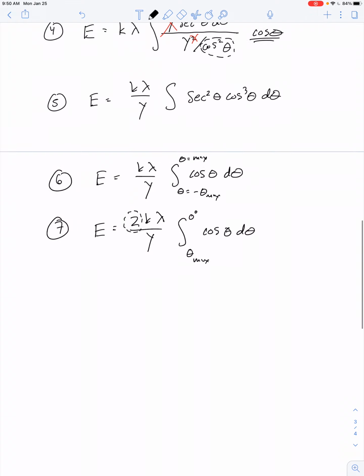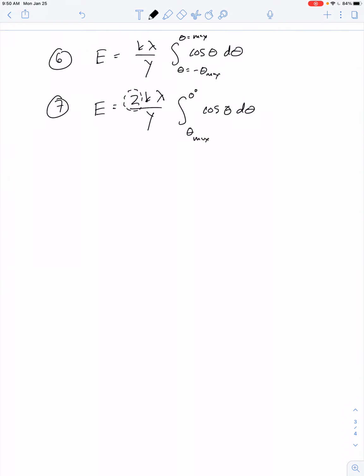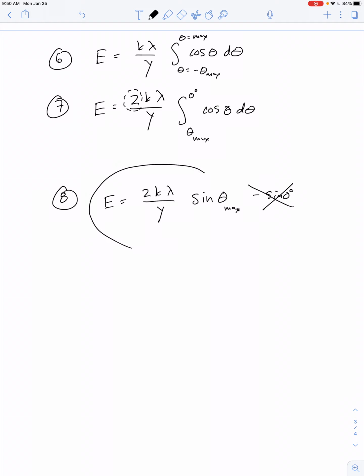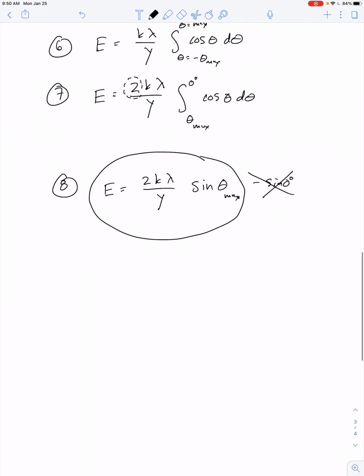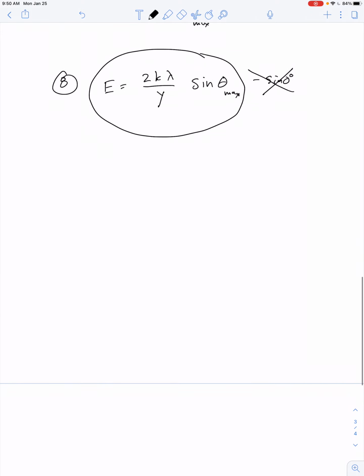Of course, the integral of cosine is sine, so we have E equals 2k lambda over y times sine of theta max, minus sine of 0, right? But that gives us 0. So there's our result. E equals 2k lambda over y sine of theta max.